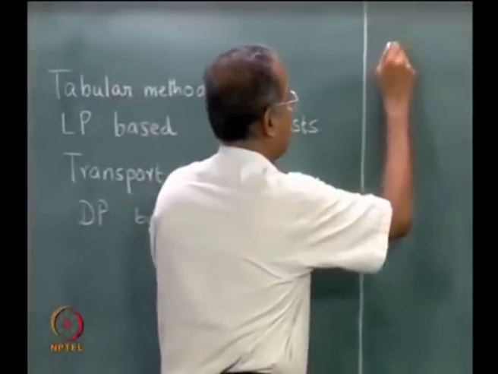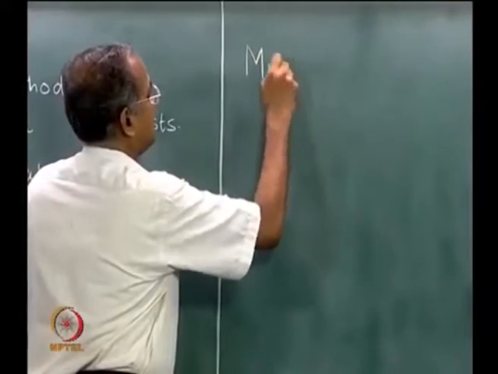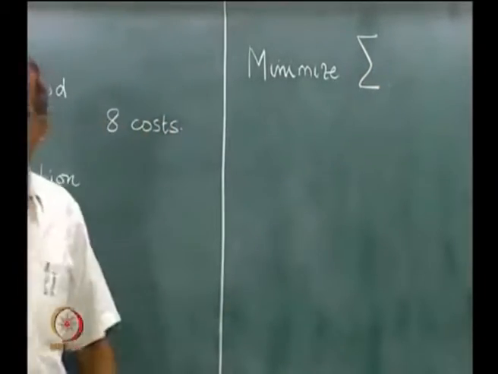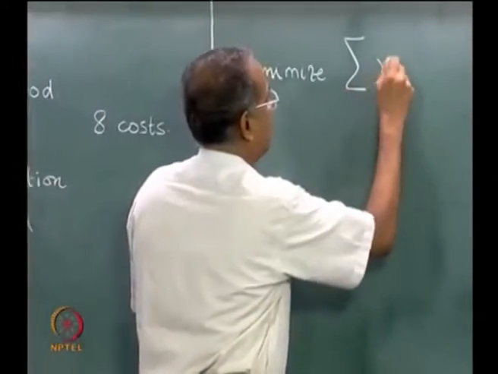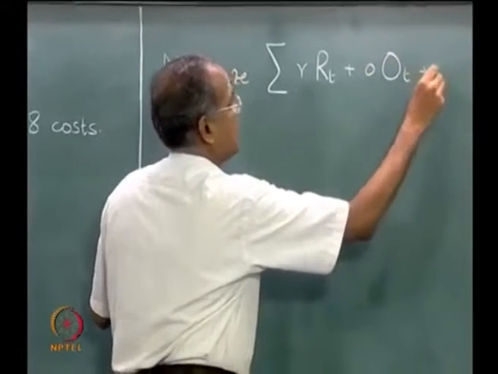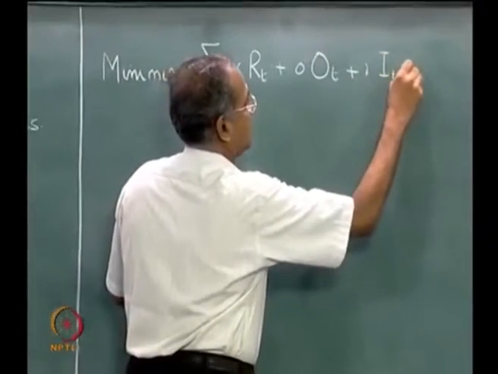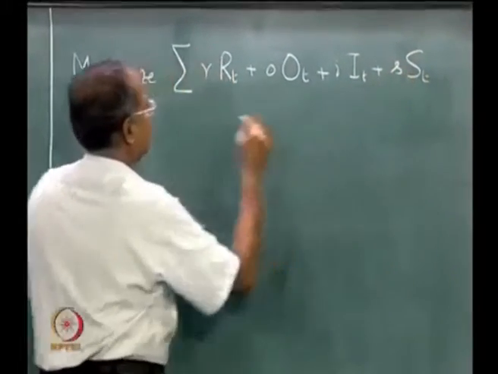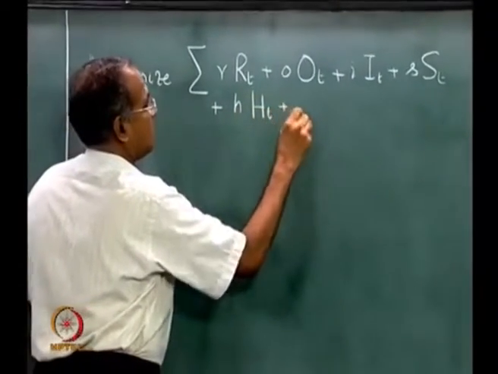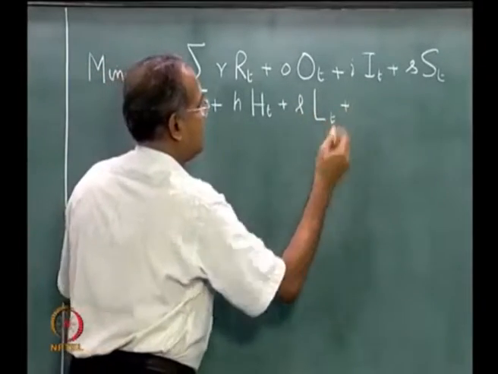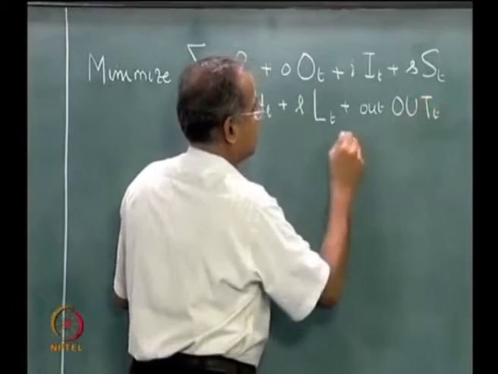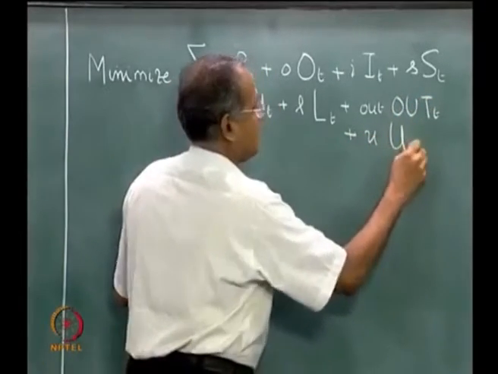So in the linear programming formulation, the objective was to minimize the sum of, we used a certain notation, r into RT plus o into OT plus i into IT plus s into ST plus h into HT plus l into LT plus out into outsource of T plus u into UT.